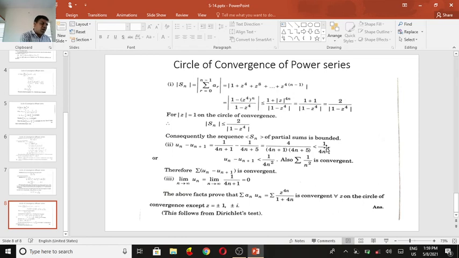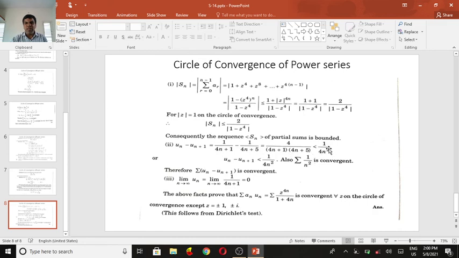Similarly, we apply the consecutive term. The absolute value of un minus un plus 1, if we take, we get 1 by 4n plus 1 minus 1 by 4n plus 5. Simplifying, taking LCM and cross multiplying, we get 4 divided by 4n plus 1 into 4n plus 5.